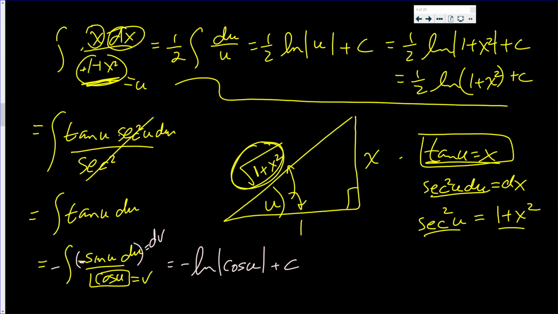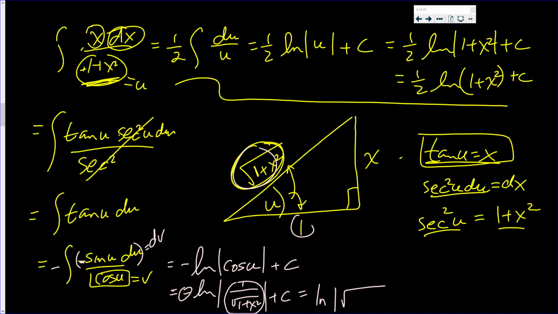But what is cosine of u? It's negative ln of. Cosine will be this over that. So it's ln of this over that plus c. Now this minus sign says to take the reciprocal of that. It goes up as the power. So we get ln of the square root of 1 plus x squared plus c.